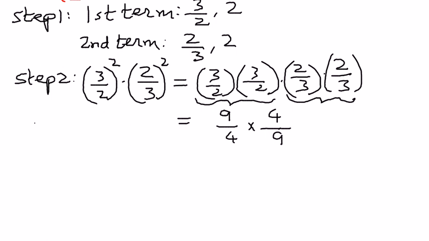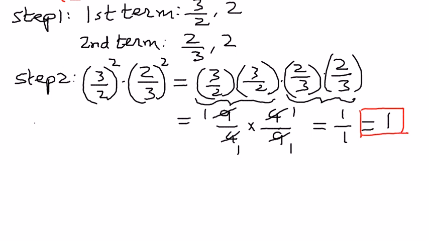We know from fractions that if we have numbers in the numerator and denominator which are multiples of one another, we can simplify them. 9 times 1 is 9, 9 times 1 is 9, 4 times 1 is 4, 4 times 1 is 4, therefore we are left with 1 divided by 1, which is equal to 1. And therefore, this is our answer.